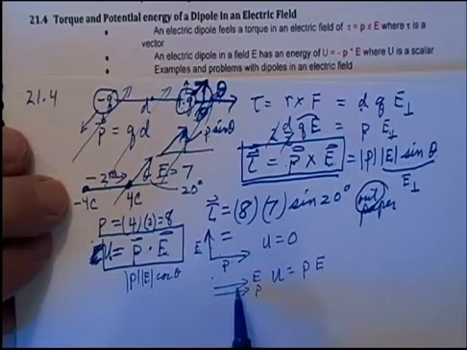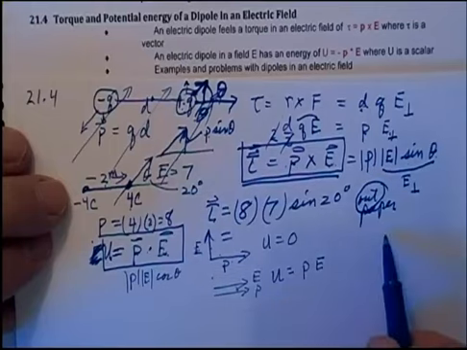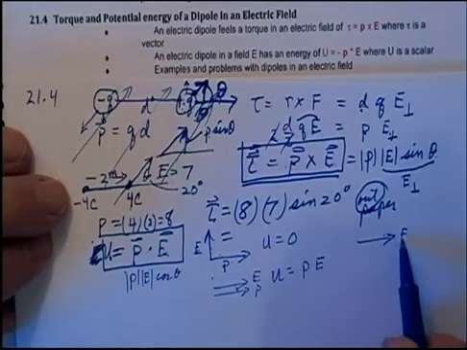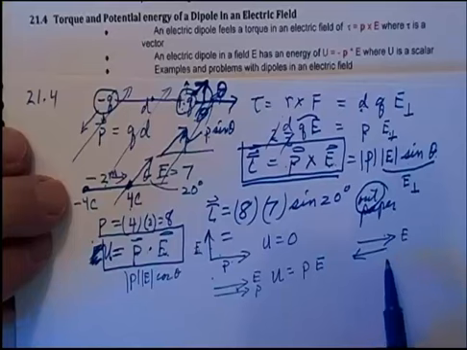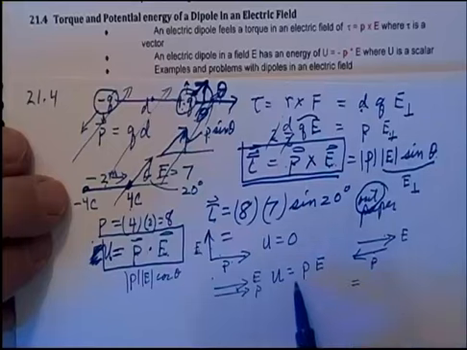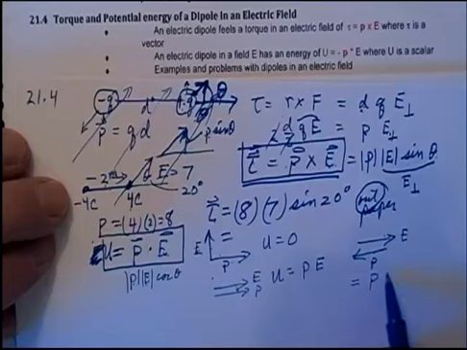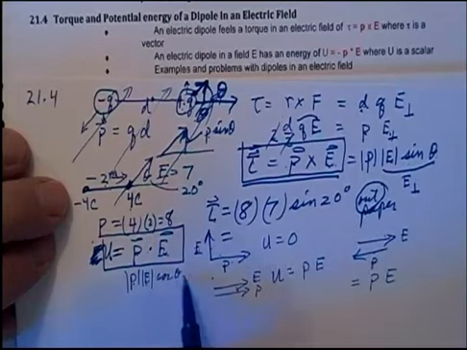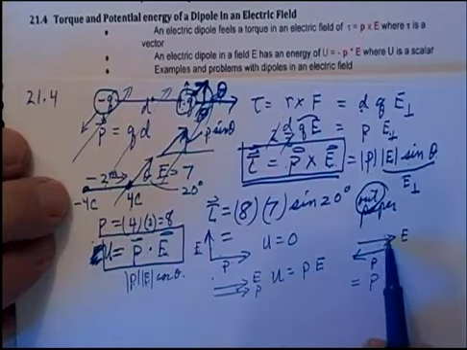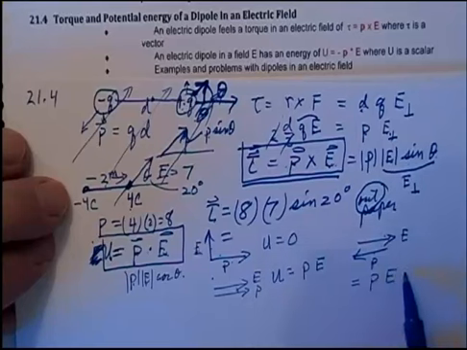Now what if they're in the opposite direction? If E is going this way, but P is going this way, then E dot P is going to be what? It's magnitude of P, magnitude of E, times the cosine of the angle, but the angle now is 180 degrees, and that gives us a minus 1.